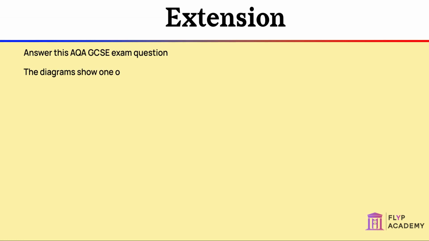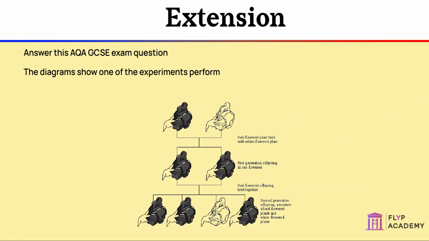The diagrams show one of the experiments performed by a scientist called Mendel. He bred sweet pea plants. In the sentences below, cross out the two lines which are wrong in each box. Mendel proposed that flower colour was controlled by inherited factors. The first generation plants show that the red factor is.